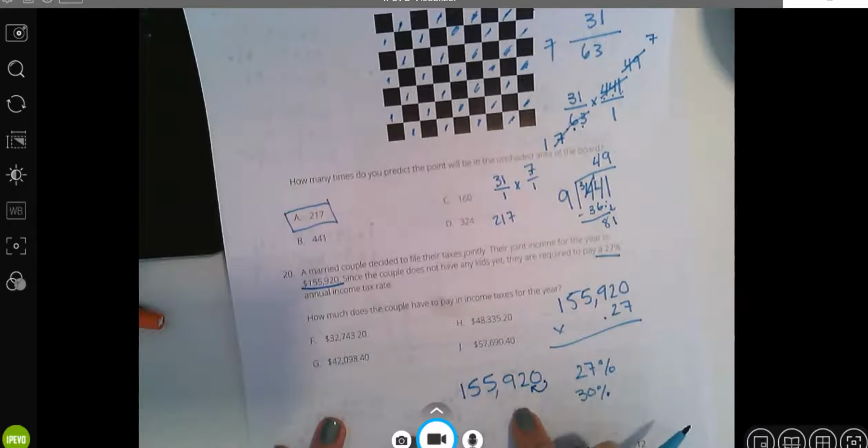27% is pretty close to 30%. I know I can find 30% by finding 3 groups of 10%. So to find 10%, find my decimal point, and it's going to move once because I'm really dividing this by 10, because 100% divided by 10 would give you 10%.